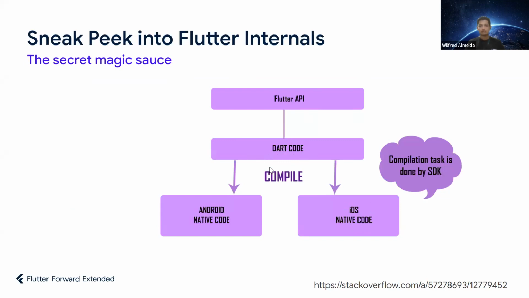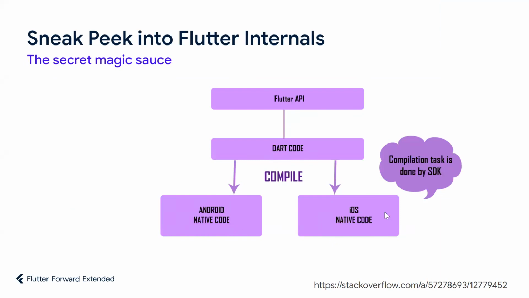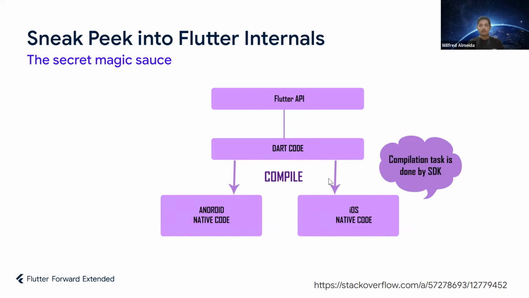So you are not concerned with how the code gets converted to Android or iOS native code. It might be any language, it might be any platform, it doesn't matter. As far as web is concerned, the code will also get compiled to JavaScript. So you are not concerned at all with the underlying languages. All we have to learn is Dart. Write the code once in Dart and it will run on all platforms.